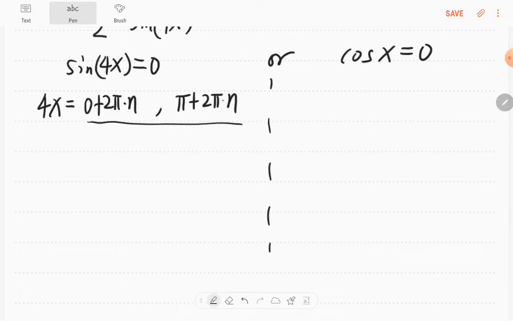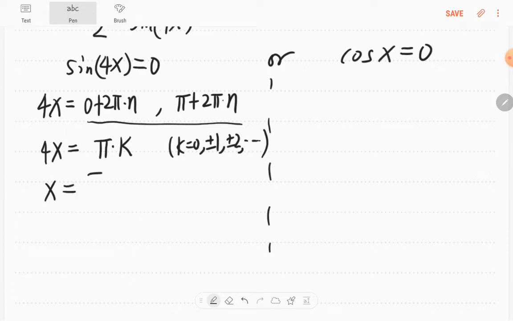The difference is just pi, so 4x can be written as pi times an integer. Instead of n, we can use k equals 0, plus or minus 1, and so on, or you can still use n, but make sure this n is different from the previous two n's. So x equals pi over 4 times k, a multiple of pi over 4.